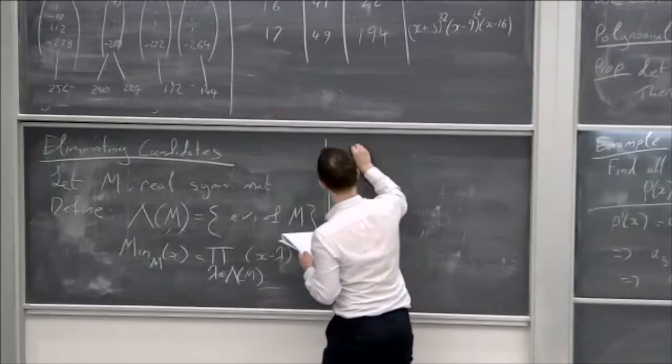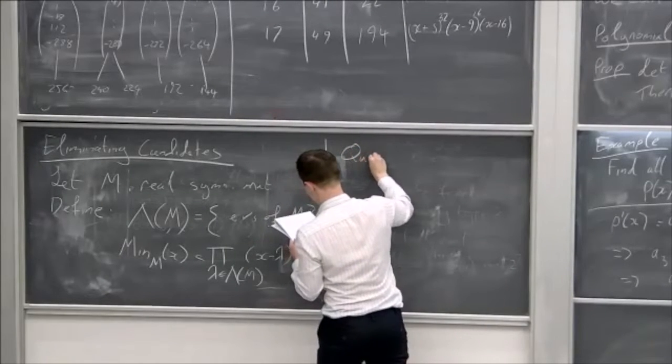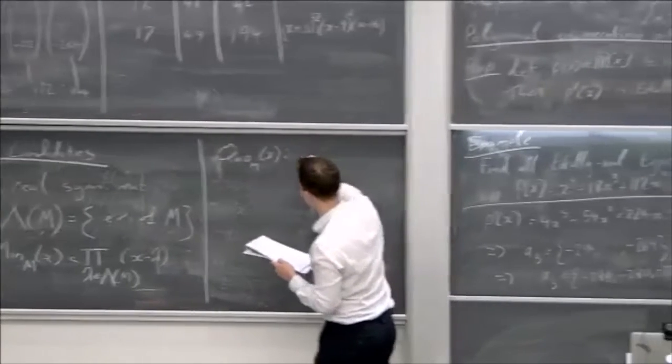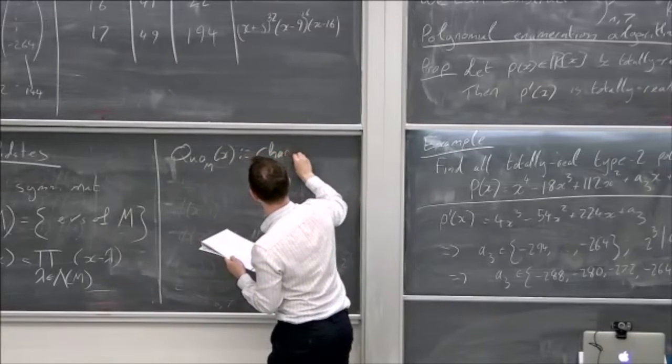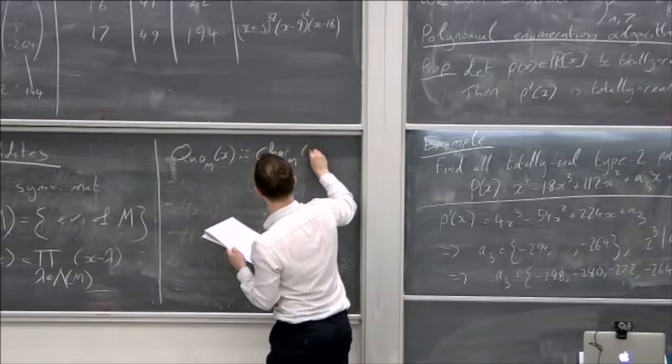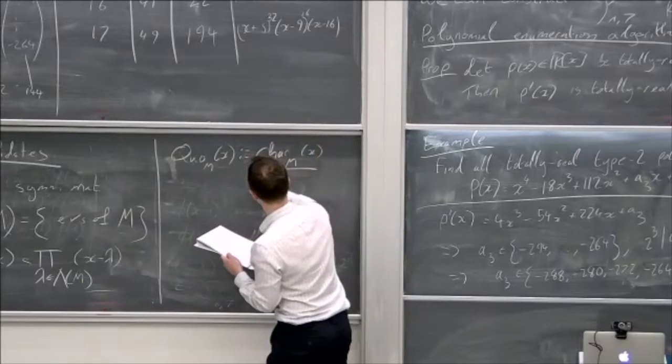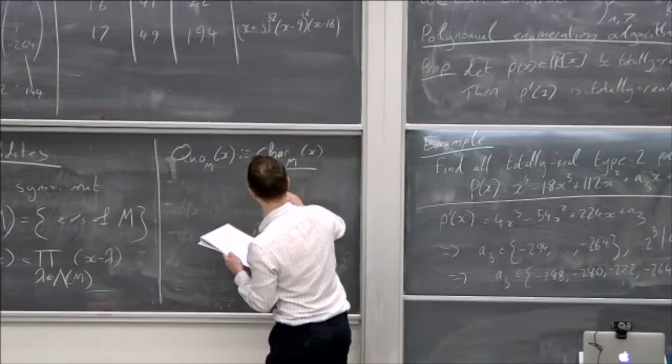Next one I want is what I call the quotient. Again, please let me know if you know standard notation for this stuff. This is the characteristic polynomial of M divided by the minimal polynomial.